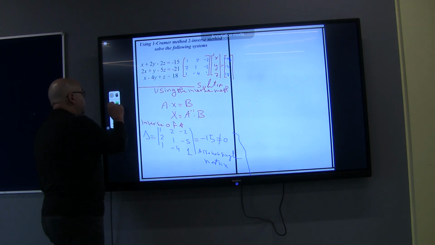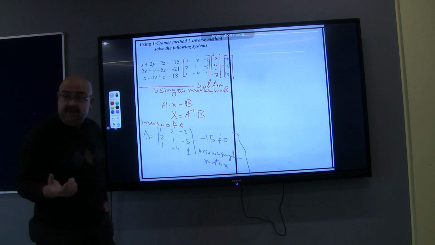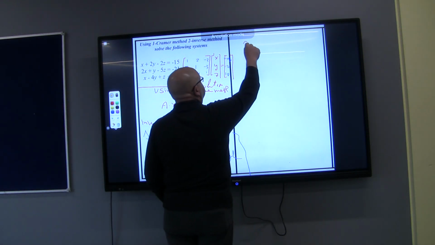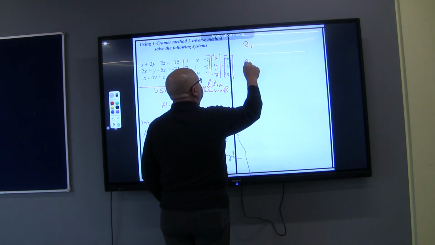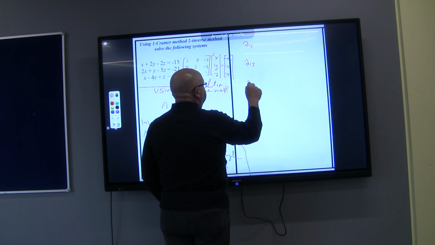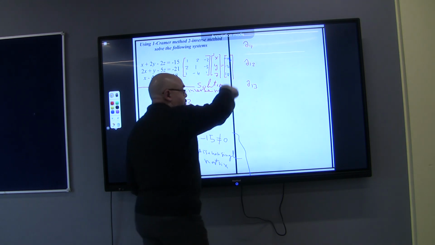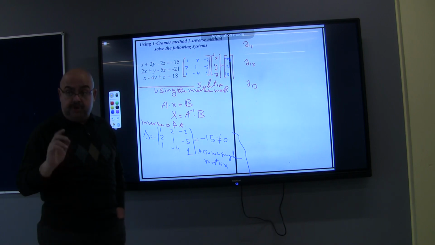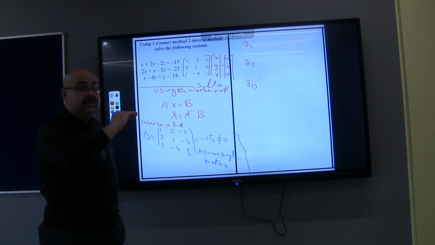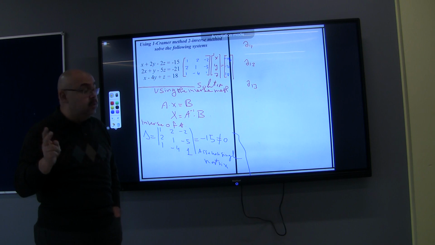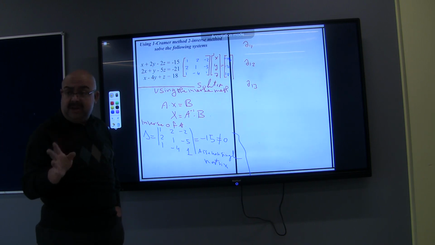The second step is to get the adjoint matrix. So I will start with the cofactors A11, then A12, then A13 also. Of course, you remark that we are writing a row element but in a column, so we did two steps together.